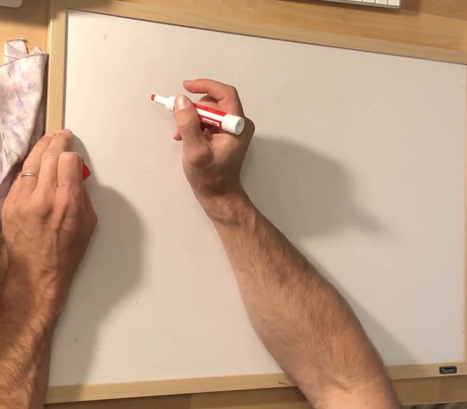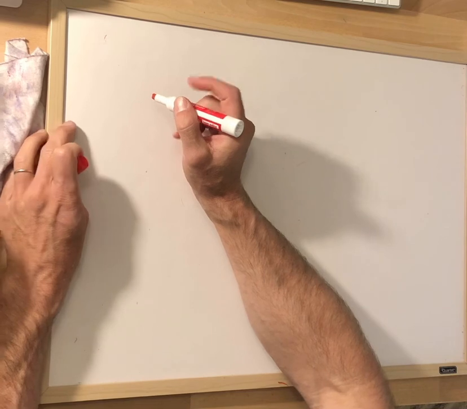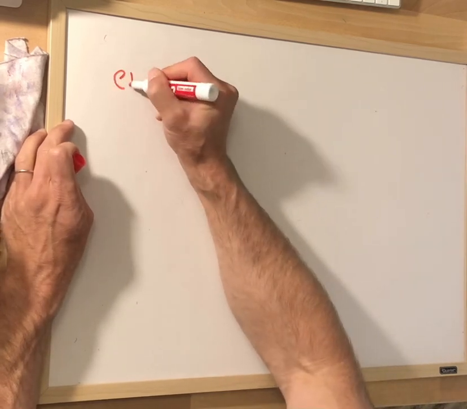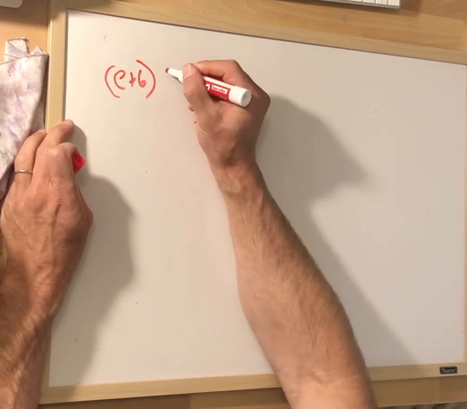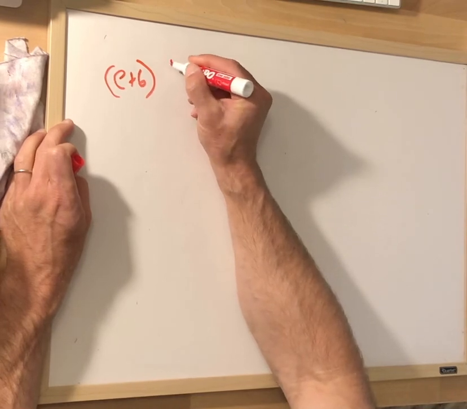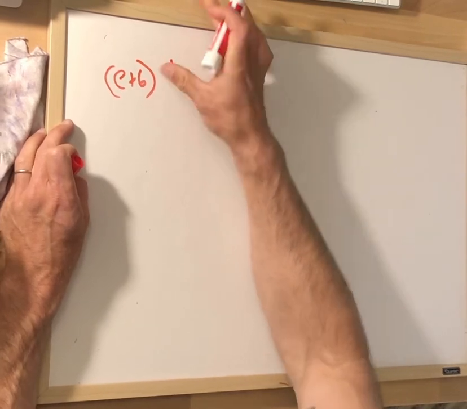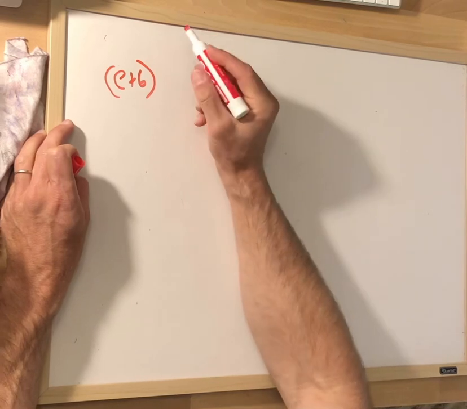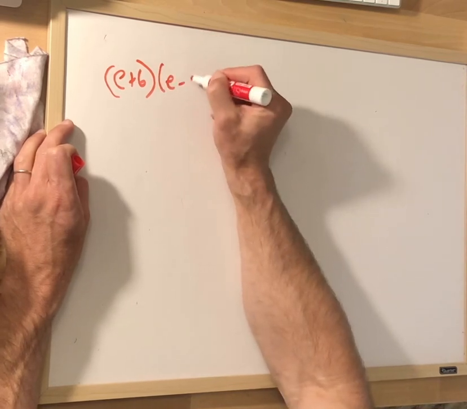All right, so look, if I add the left side, I get a common denominator. My common denominator is going to be e plus 6 and e minus 6.